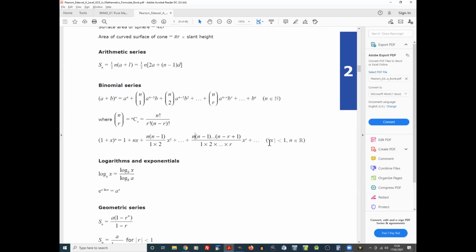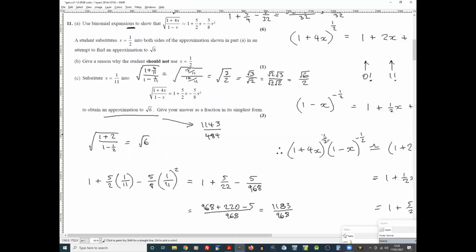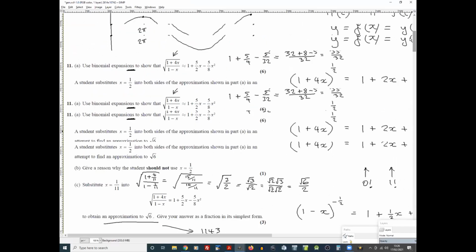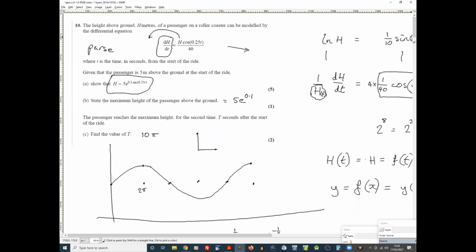But you do need to beware of this formula where x doesn't necessarily mean x, but the x function. And they'll test you on understanding whether the x function as a whole is less than 1. And then you need to see how to use it as well, which needs practice. Okay.